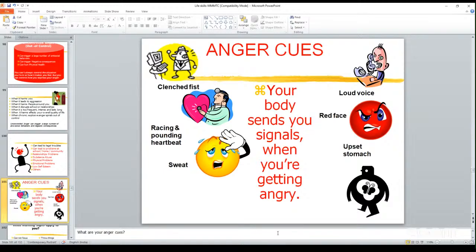You may sweat a lot. Not only that, even over the phone or when you talk face to face, there could be a loud voice under anger. And as usual, one can find a red face. Because of all this, there could be upset stomachs. So all these give an idea that you are getting angry.